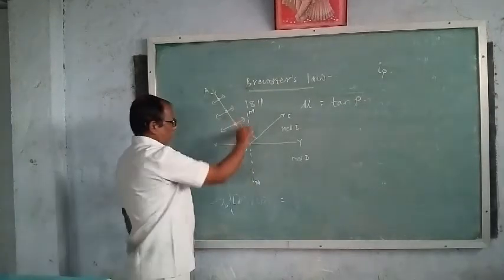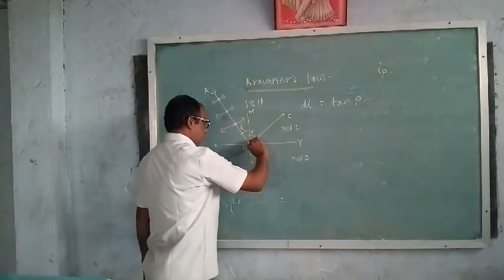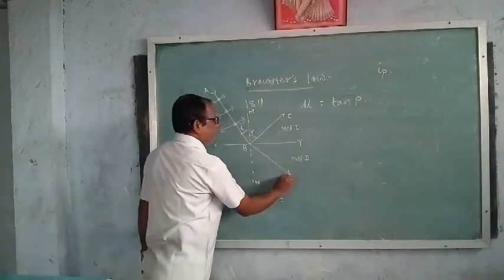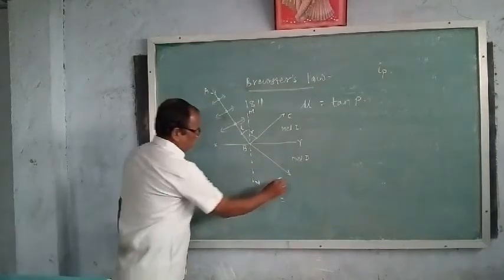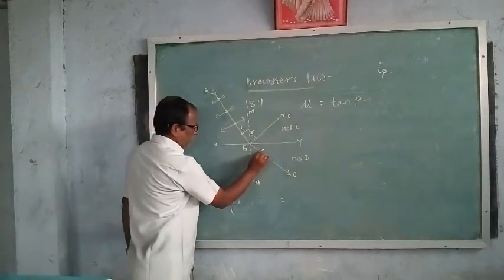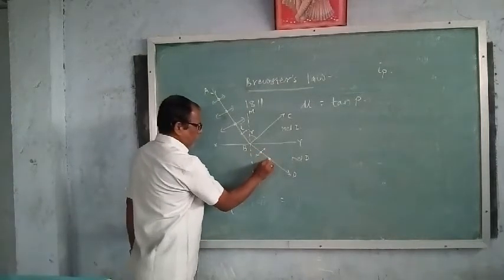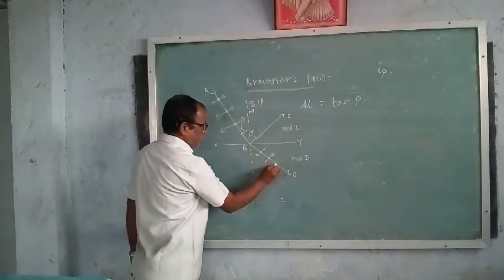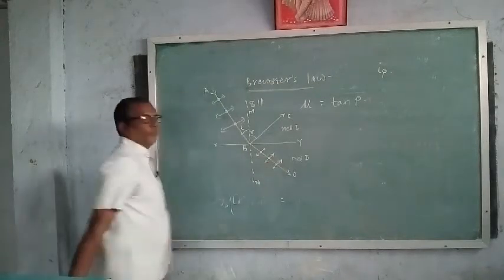And some part of the light energy gets refracted in this medium. Note this as ray BD, which is again unpolarized light. Refracted light is also unpolarized.